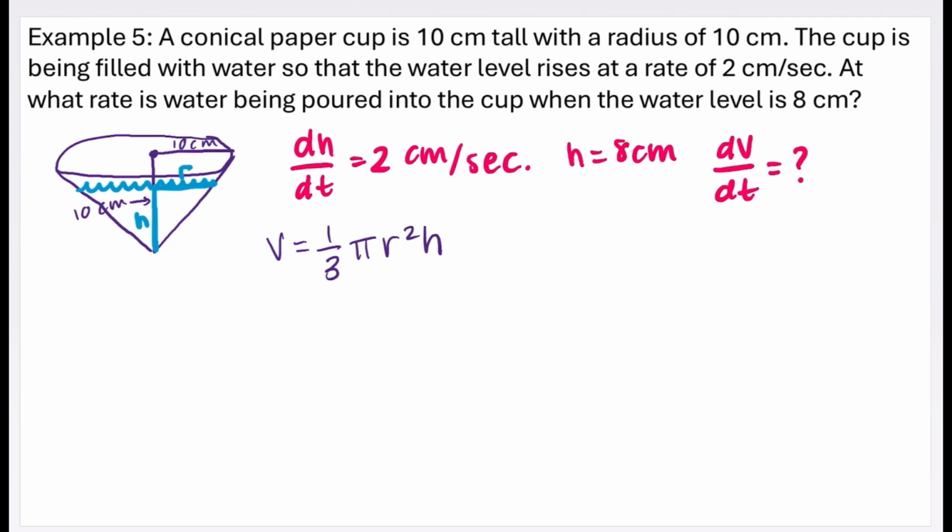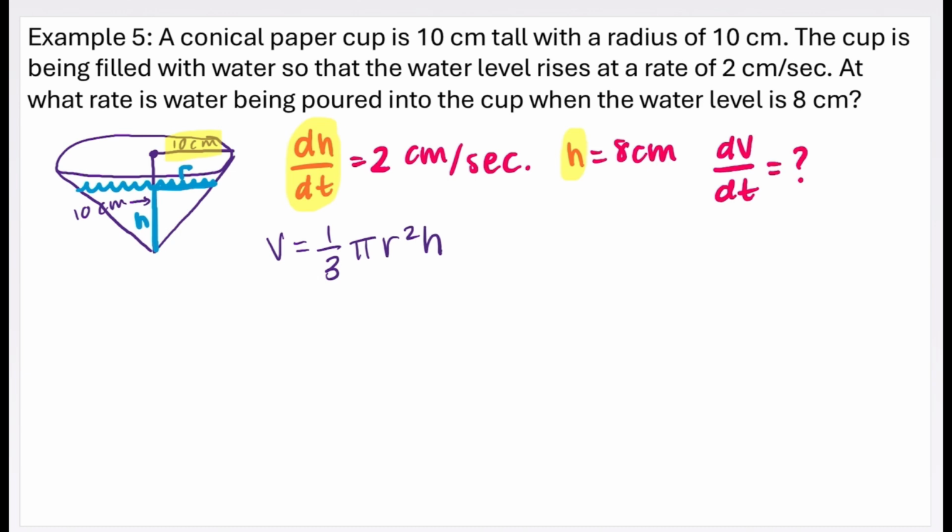But you might notice that over here, I'm dealing with height and not the radius. So when you have something like this where you don't have any information about the other variable, except we do know that the radius of the entire cone is 10 centimeters, but we don't have anything else.